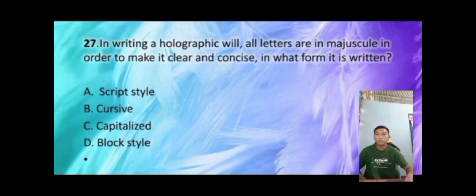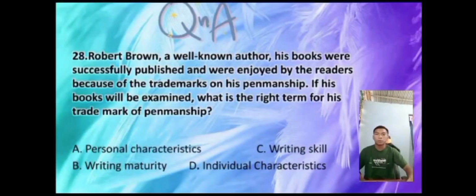And next, 28. Robert Brown, a well-known author, his books were successfully published and were enjoyed by the readers because of trademarks on his penmanship. If his books will be examined, what is the right term for his trademark of penmanship? So my keyword is what is the right term for his trademark of penmanship.